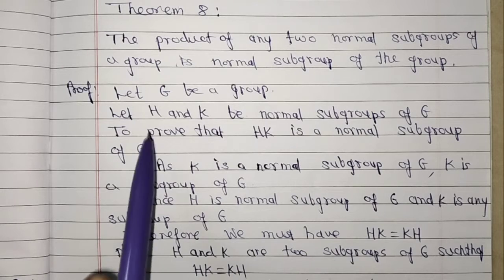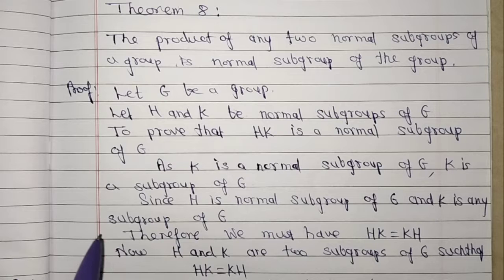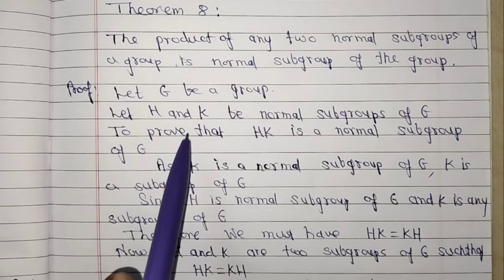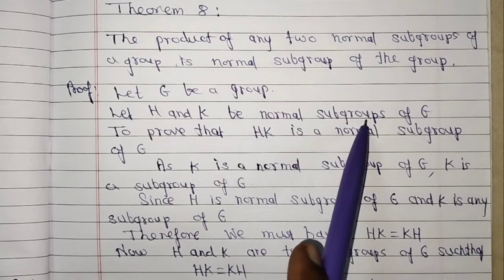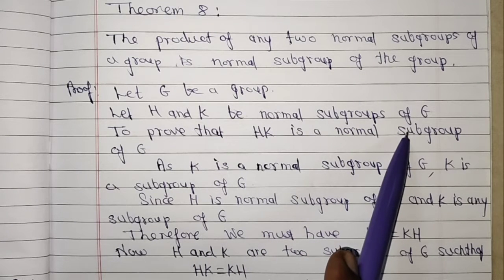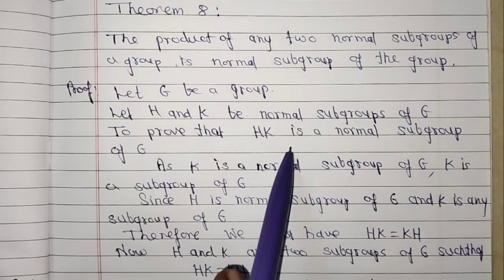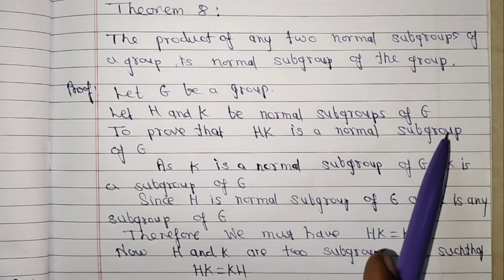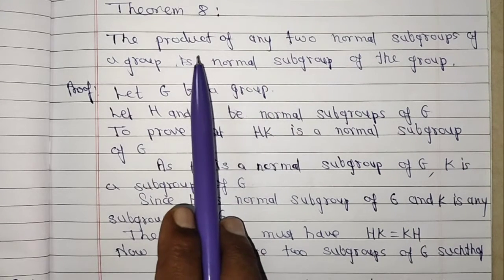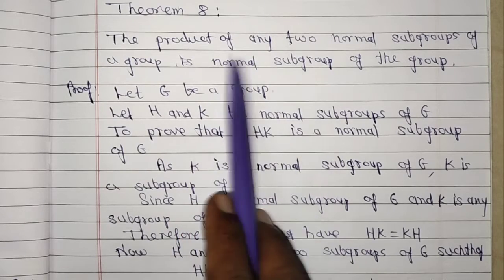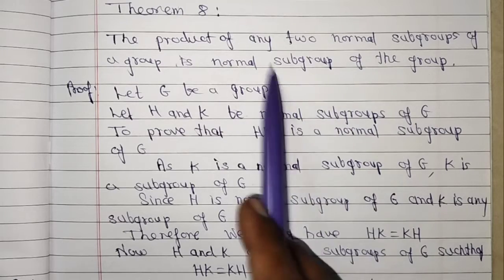Let G be a group and assume that H and K are normal subgroups of this group G. We have to prove that HK is a normal subgroup of group G. That means the product of any two normal subgroups of G is again a normal subgroup of G.